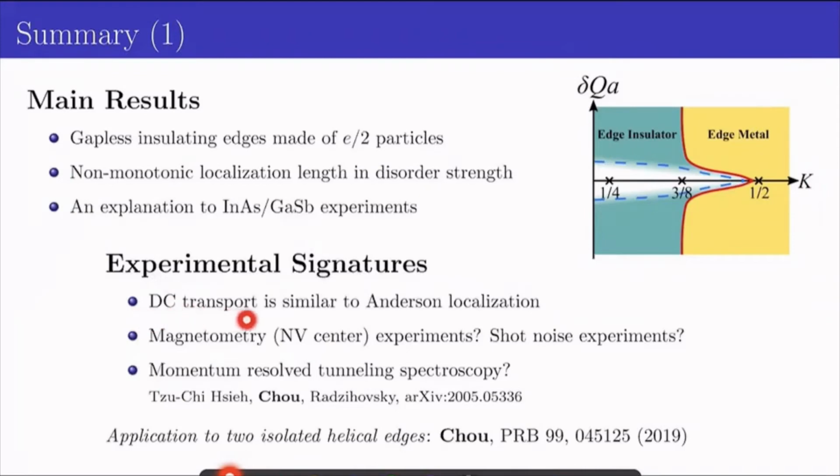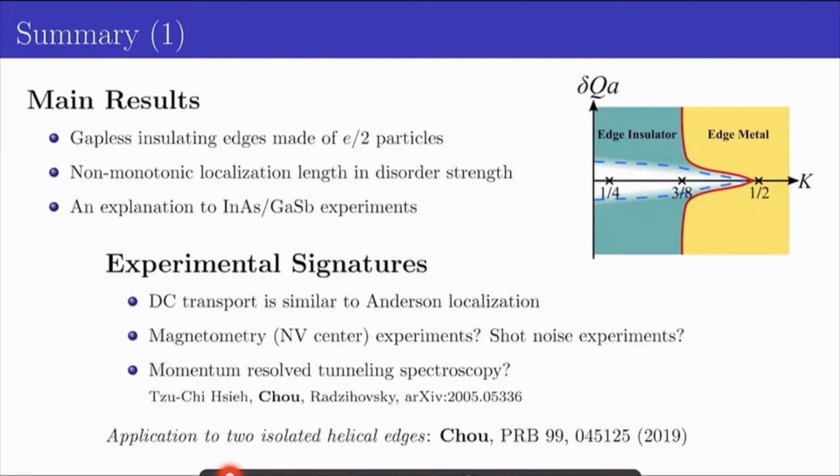The DC transport signatures would be similar to an Anderson localization insulator, which is not good news. However, I argue that since the localized object is a half charge and the localization shows non-monotonic behavior, shot noise measurement possibly can reveal the half charge fluctuation.